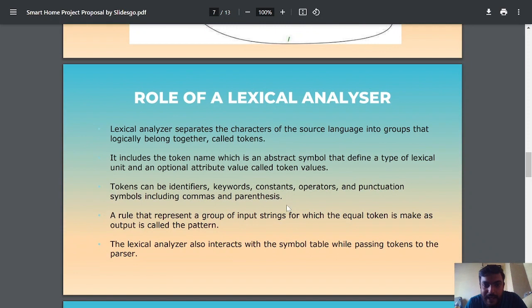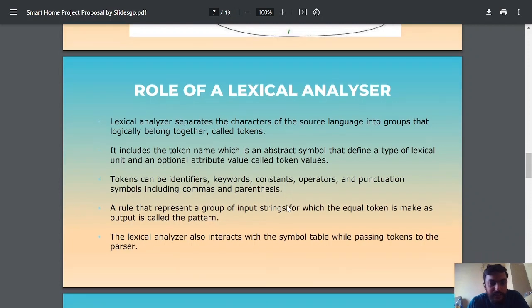Role of a lexical analyzer. A lexical analyzer separates the characters of the source language into groups that logically belong together, called tokens. It includes the token name, which is an abstract symbol that defines a type of lexical unit, and an optional attribute value called token value.